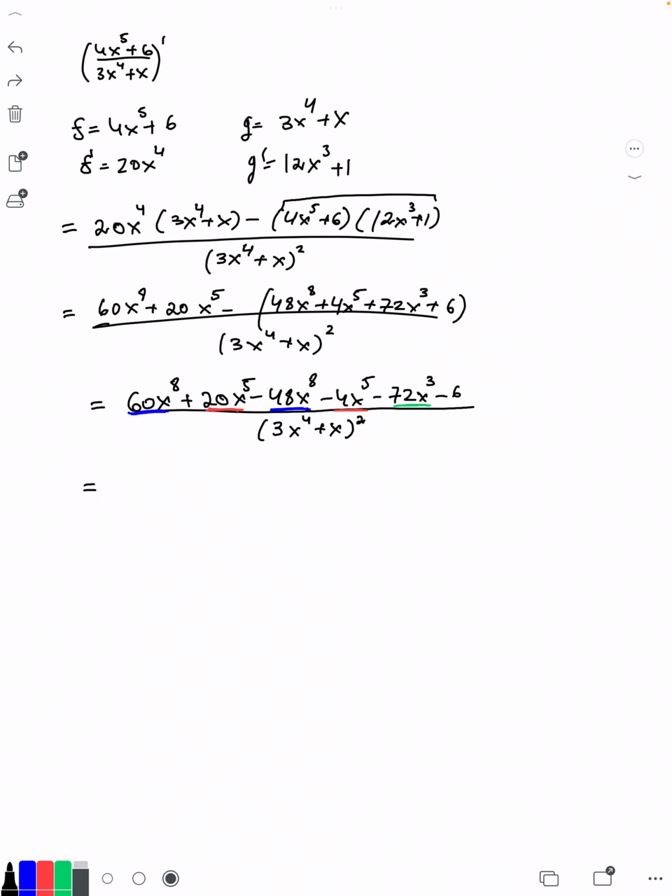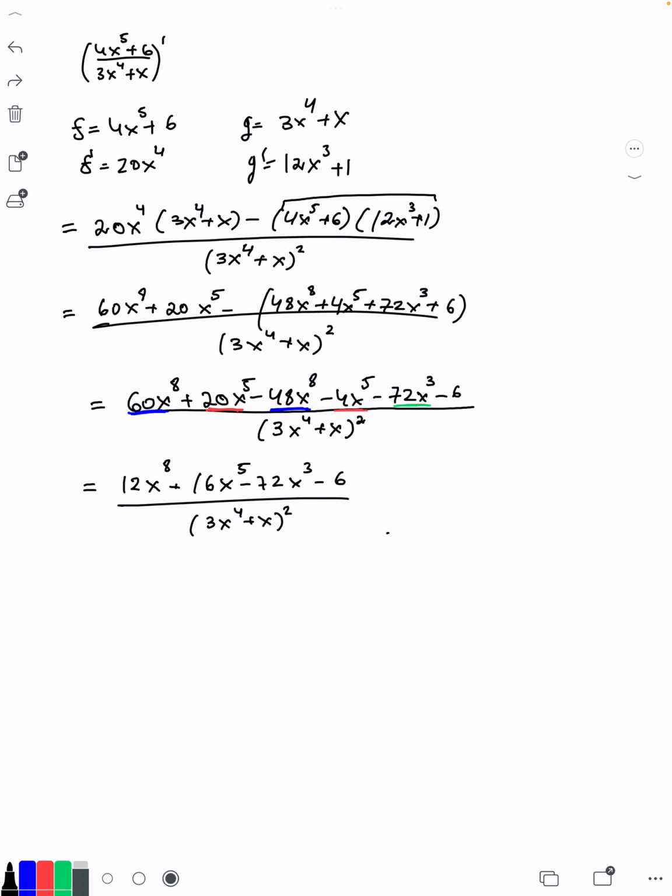So 60x to the power of 8 minus 48x to the power of 8 will give us 12x to the power of 8. 20x to the power of 5 minus 4x to the power of 5 will give us 16x to the power of 5, minus 72x to the power of 3, minus 6. Of course, all that is divided by 3x to the power of 4 plus x, squared.